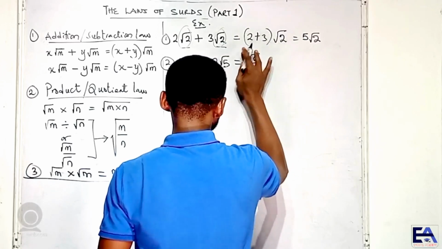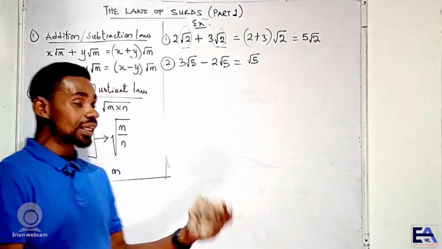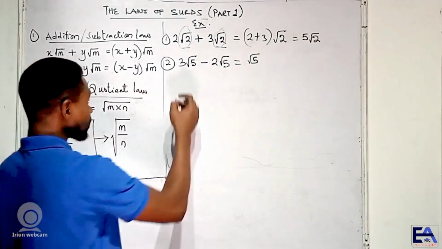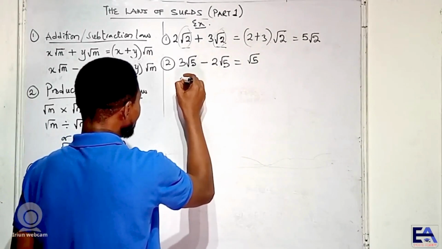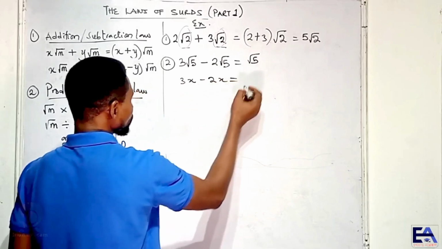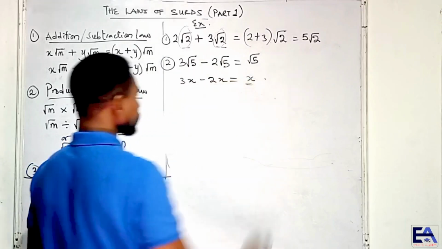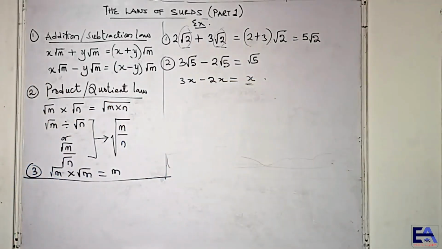When it comes to 1, it's invisible; you don't write it. You start to write the number from 2 upward. It's just as simple as saying 3x minus 2x, which gives you 1x, but you don't write that 1. I believe you get that clear.